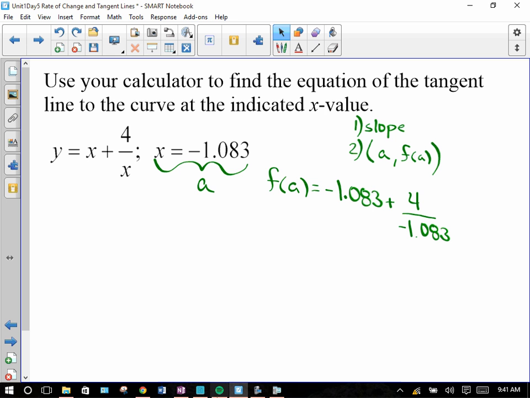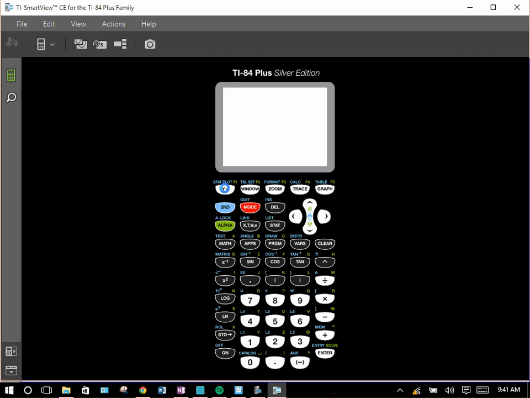Take the calculator, y equals, x plus 4 over x. I'm putting parentheses around it just to be on the safe side. And graph.